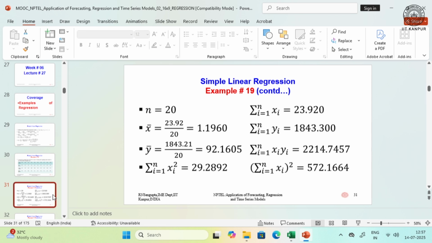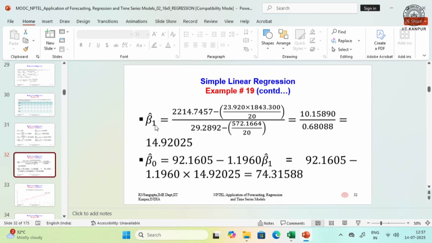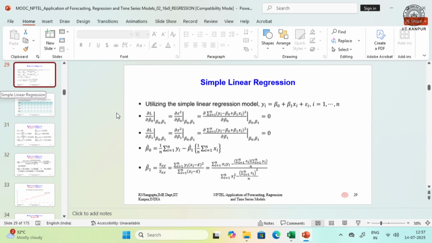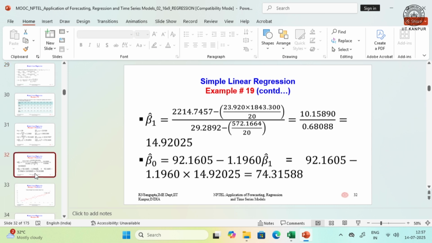Once this is done, I put them in the values. I utilize the last equation and the second last equation to find beta 1 hat and beta naught hat, and beta 1 hat comes out to be 14.92.